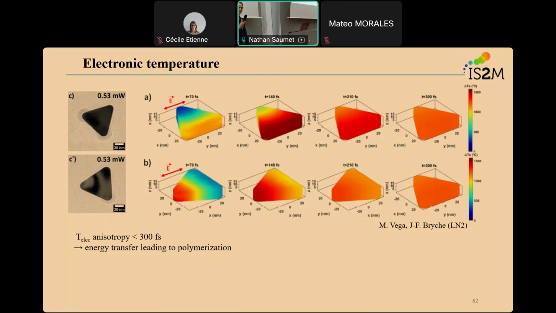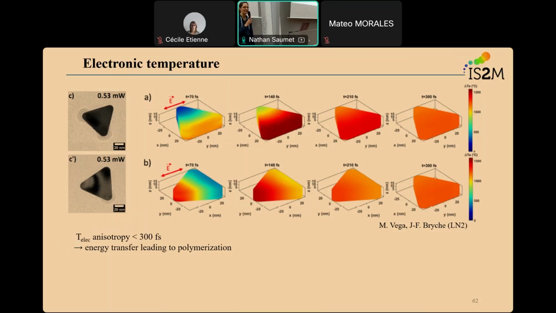And to define a temperature around an edge like this, what is the minimal size, the physical limit to define something as a temperature? I think theoretically they can do that, but with the polymer we can expect to have nanometric scales. The electron mean free path in gold is around 30 or 40 nanometers, so it's larger than the scale you're observing there, but that's not outside of the particles.